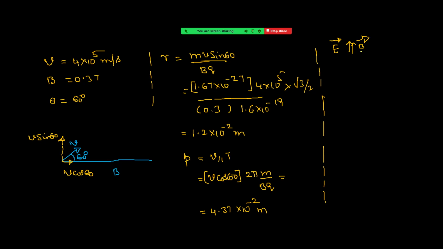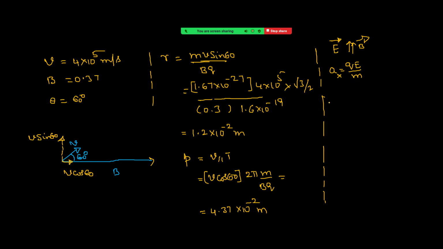Because of this E bar along B bar, acceleration will be Q E by M. Or if I'm taking this field is along x-axis, then acceleration now along x-axis because of electric field.